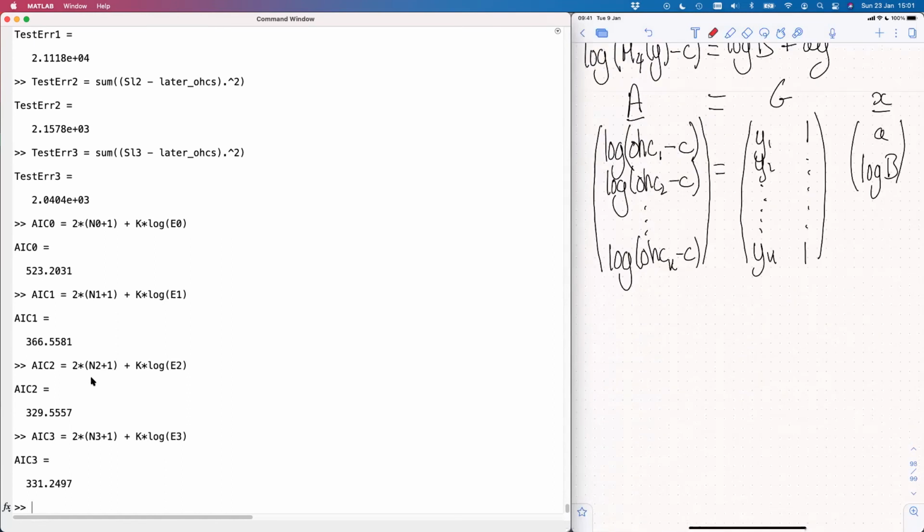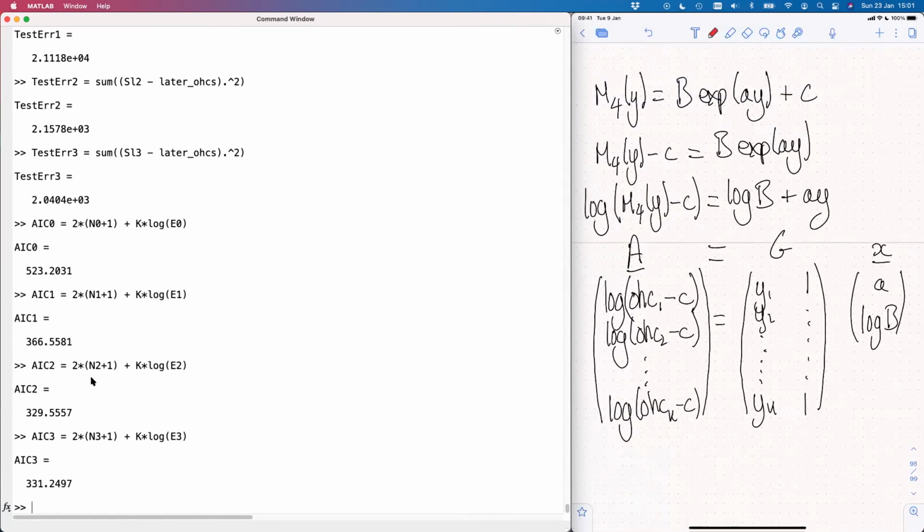Of course, this all relies on having knowledge of this parameter c. However, in order to use this machinery here, I'm just going to make a guess at c.